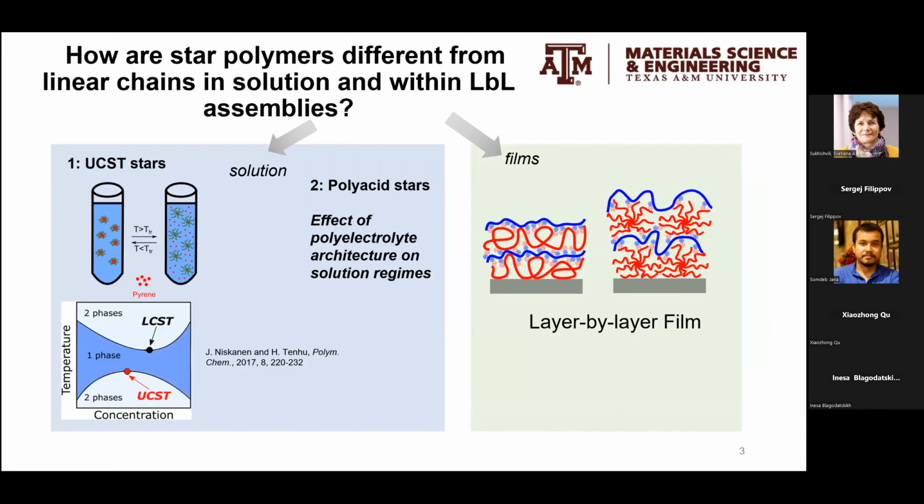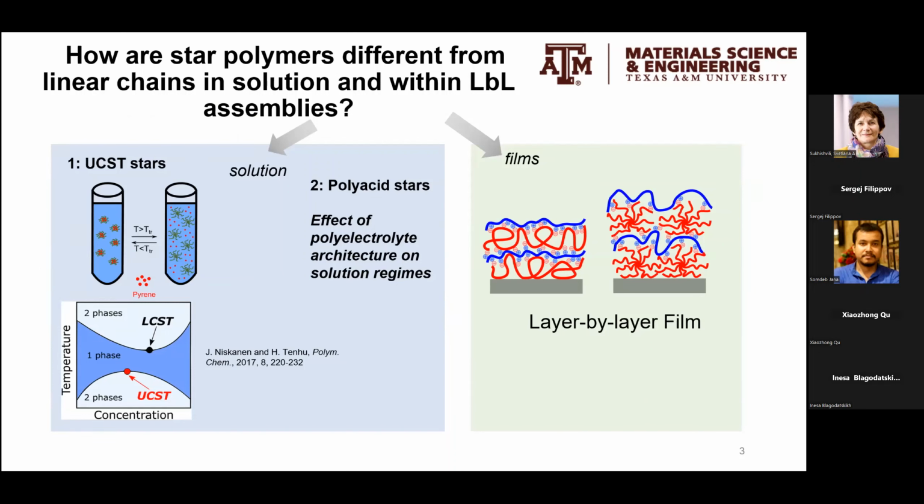Again, to answer the broad question of how star polymers are different from linear chains, we are looking at these differences in solution and within films. And you're going to see a little bit different stories.